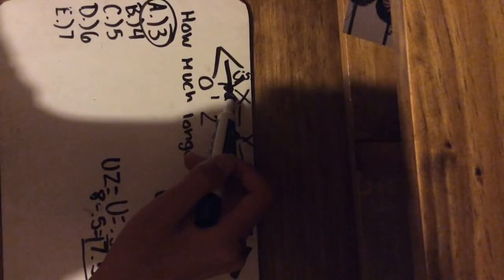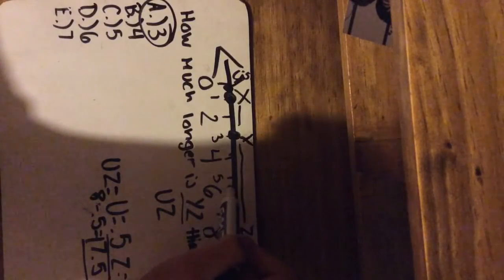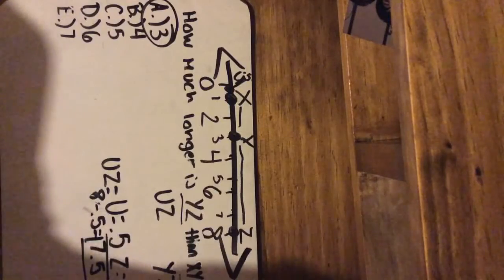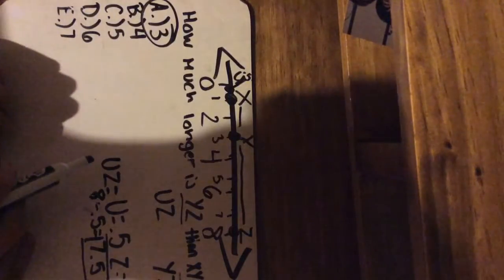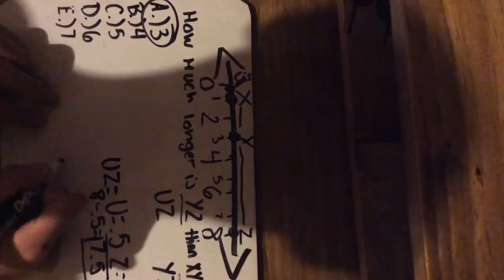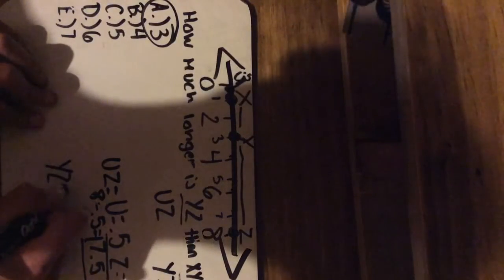If you guys don't like this way, we can just count them. Okay, so 0.5 to 1, 0.5, 1.5, 2.5, 3.5, 4.5, 5.5, 6.5, 7.5. So now that we double checked, we know that UZ is going to give us the answer of 7.5. Now we need to find out how much YZ equals.